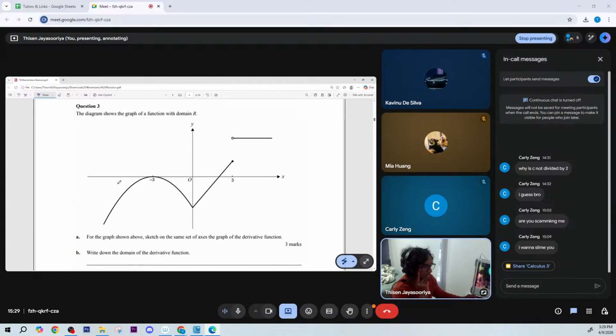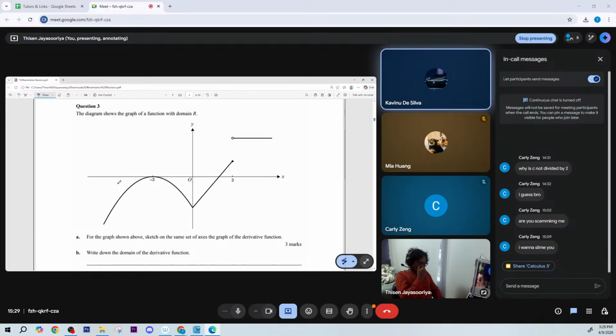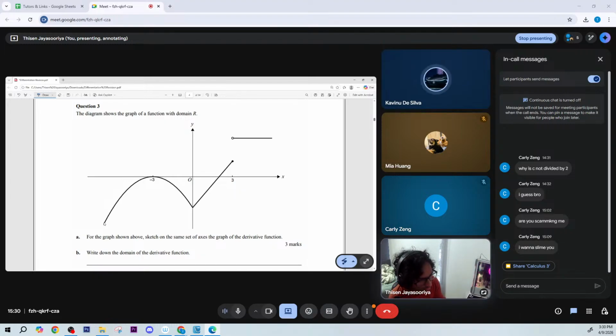Kavinu, this one comes to differentiability. How can I sketch the derivative of this function? Well, it's starting positive, so we're coming down to negative 3.